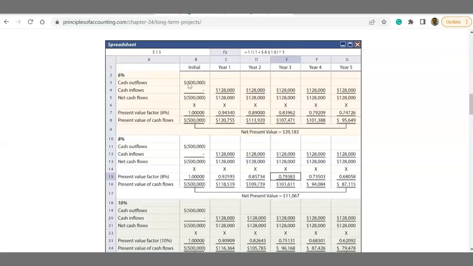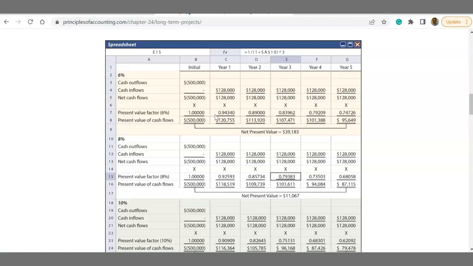So here we have a 6% interest rate: minimum required rate of return, hurdle rate, WACC, weighted average cost of capital. Cash flow is 500,000 today, negative, that's a minus. But in years 1 through 5, we get a positive $128,000 cash flow.